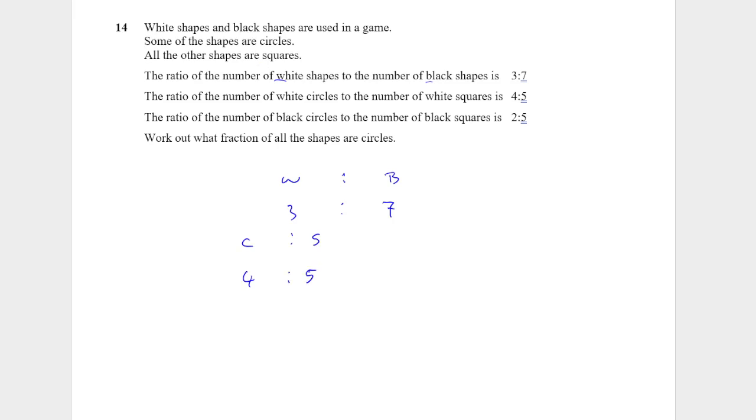And then the black circles to the number of black squares is 2 to 5. Work out the fraction of all shapes that are circles.